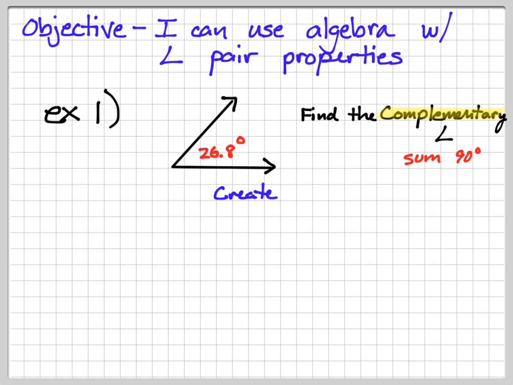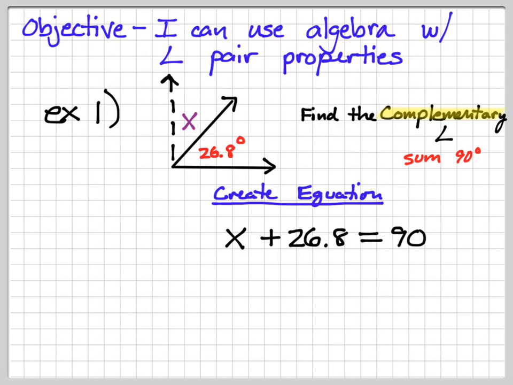If I were to create an equation, though, and I drew the diagram so it actually went up and looked like a 90-degree angle, my algebra would be something plus something equals 90, and I put an x in that something spot. So, again, most of the time people know that, well, 26.8 degrees plus some angle is going to equal 90, and in their head they just say, oh, 90 subtract 26.8 degrees.